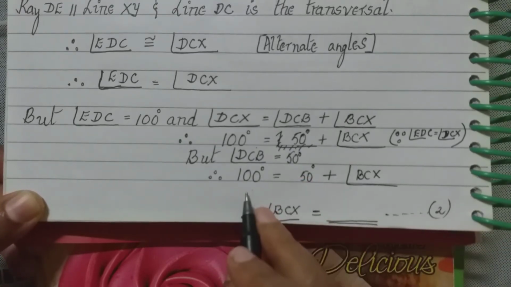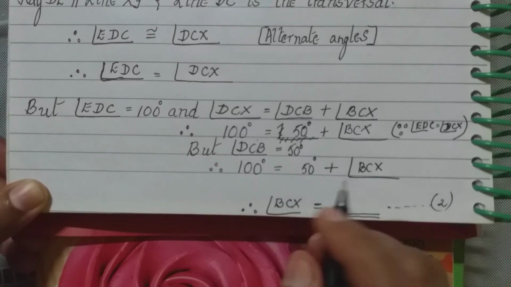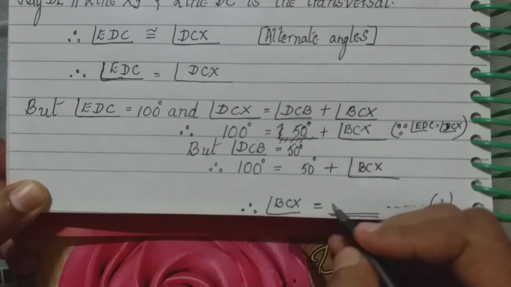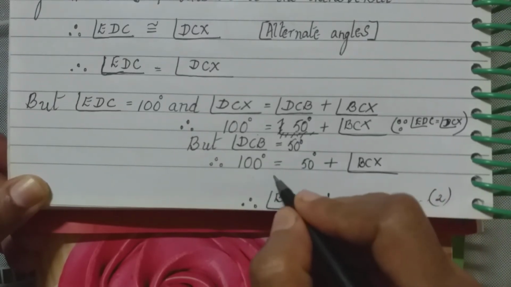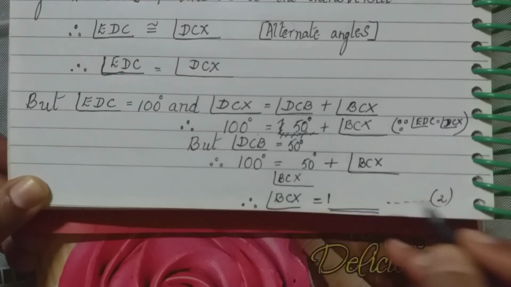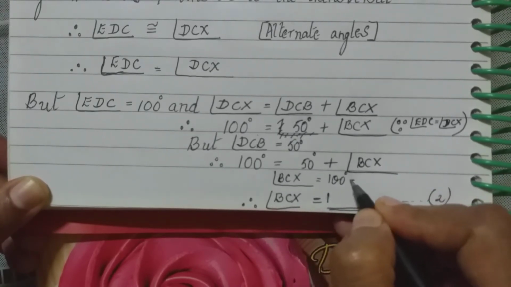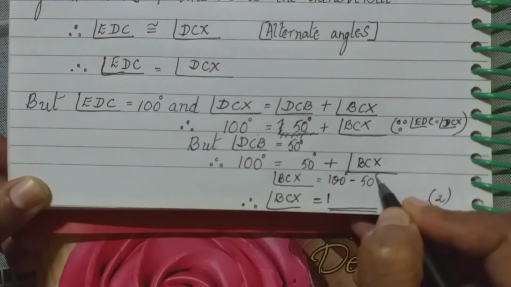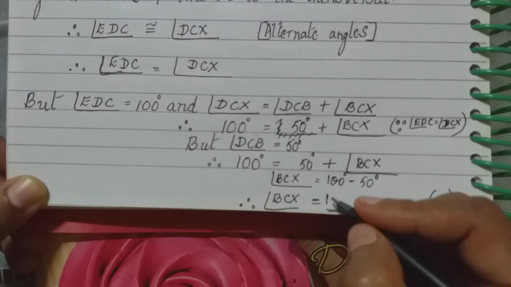By taking 50 degrees to the other side, that is, 100 degrees minus 50 degrees will be angle BCX. So angle BCX is equal to 100 degrees minus 50 degrees, and 100 degrees minus 50 degrees is 50 degrees.